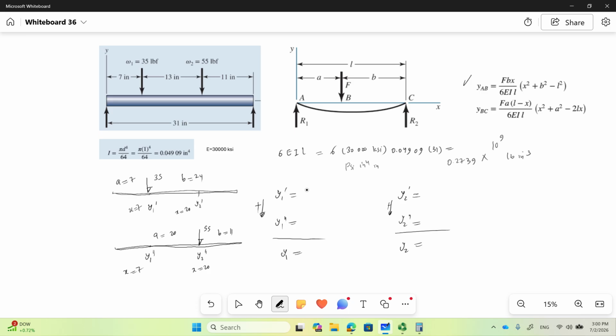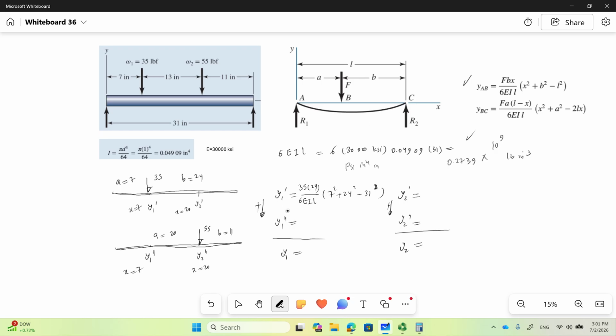My force is 35, my B is 24, and then 6EIL, that one I have it here, so this 6EIL is gonna go here, and then in the parentheses, x is 7 squared, and then b is 24 squared, and then you have L, which is 31 squared.